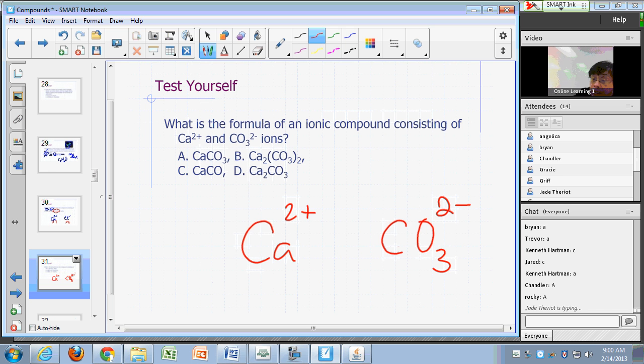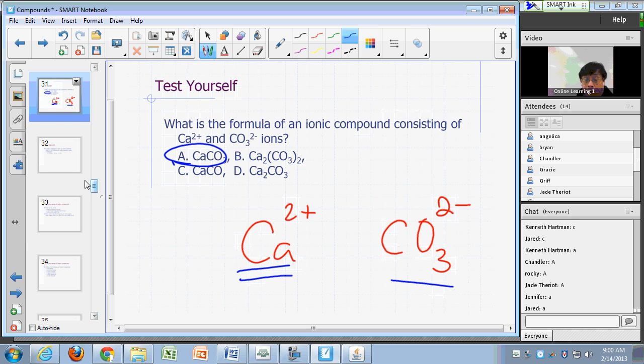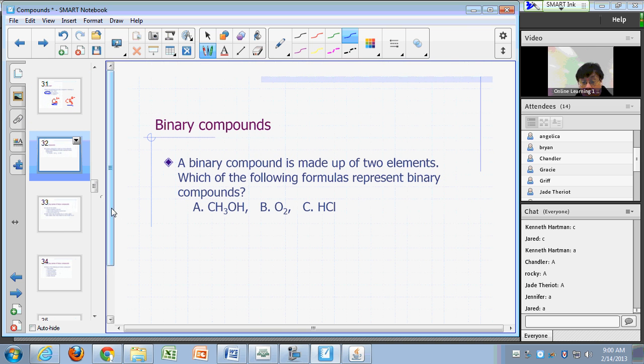So you need one of each. So one calcium and one carbonate. So the correct answer is A. Calcium carbonate. That, by the way, is chalk. And that's the same major component of limestone and pearl.